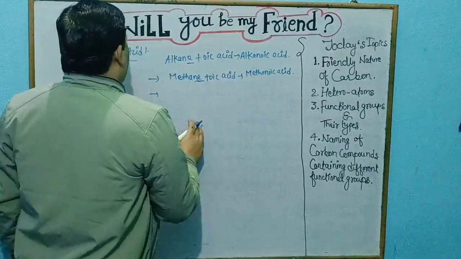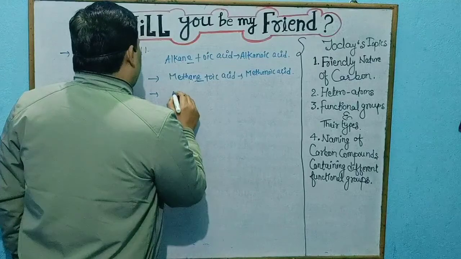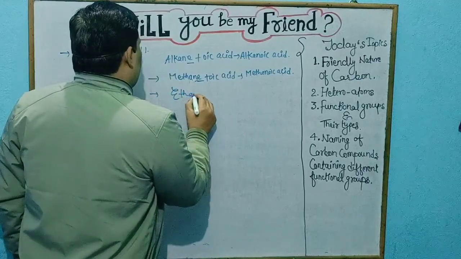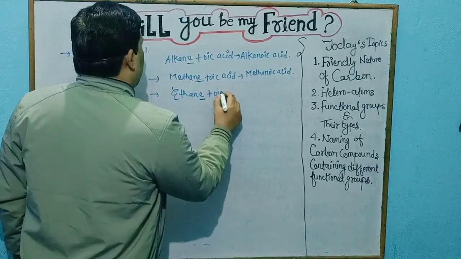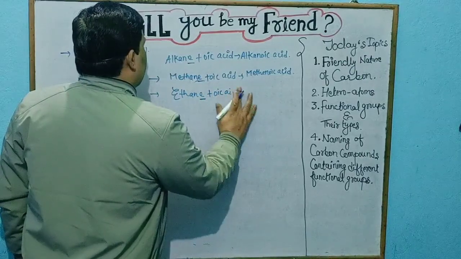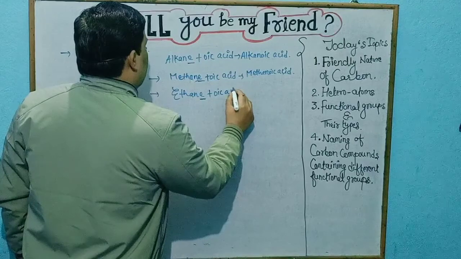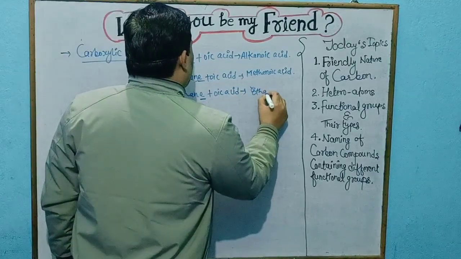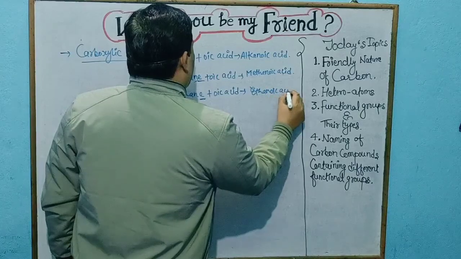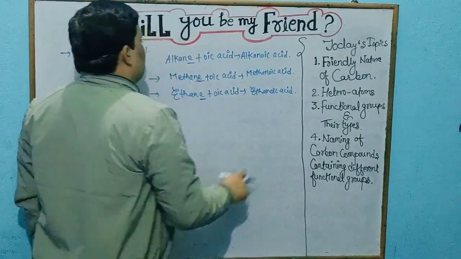Similarly, the carboxylic acid containing two carbon atoms is named by replacing E of ethane and adding OIC acid to it. It becomes ethanoic acid. Right? And so on.